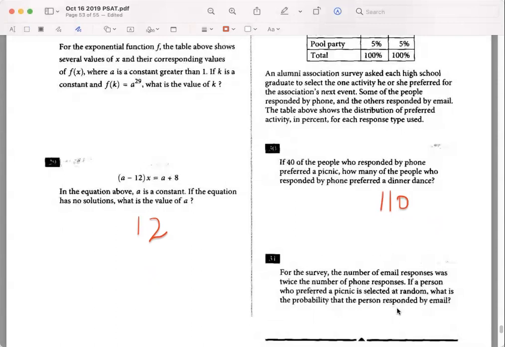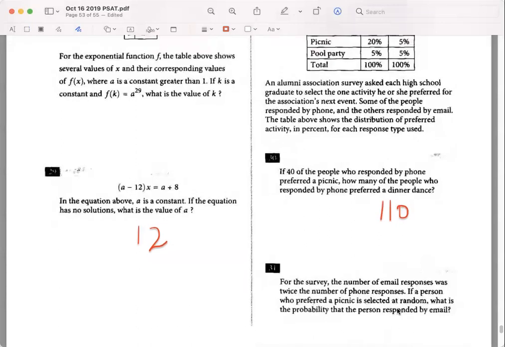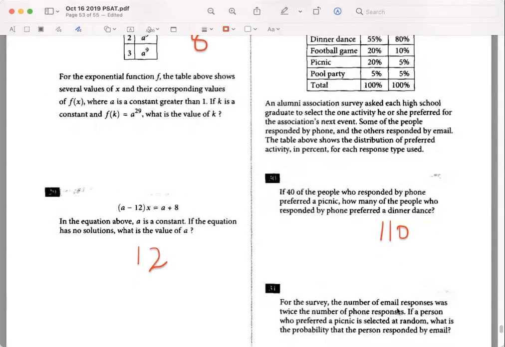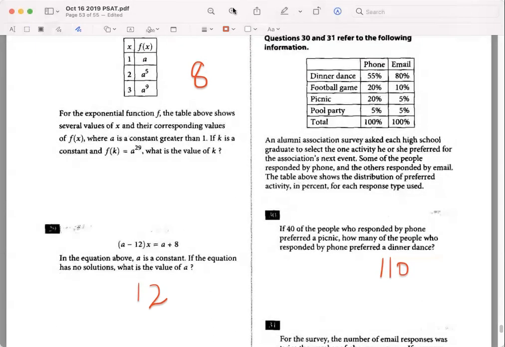Okay. For the survey, the number of email responses was twice the number of phone responses. If a person who preferred a picnic is selected at random, what is the probability that the person responded by email? Okay, so the number of email responses was twice the number of phone responses, right? So let's say the number of phone responses was X, then the number of email responses was 2X.